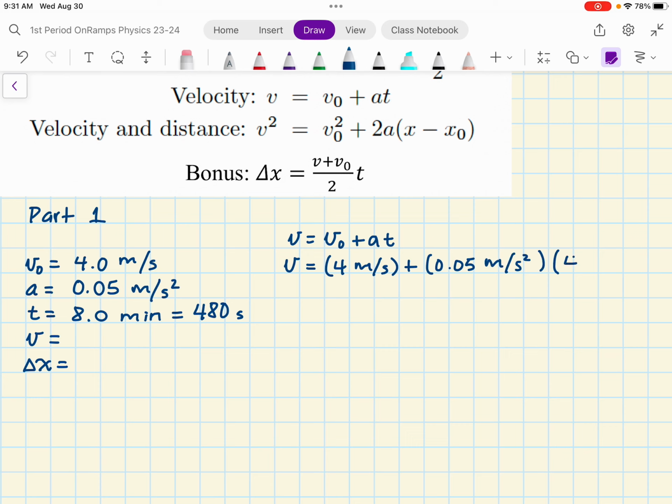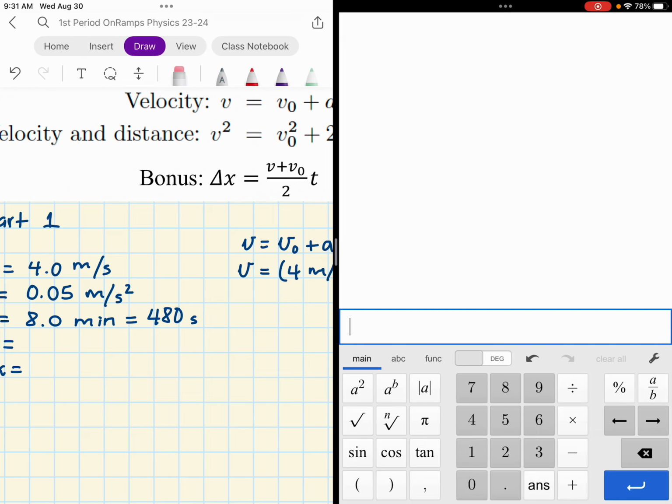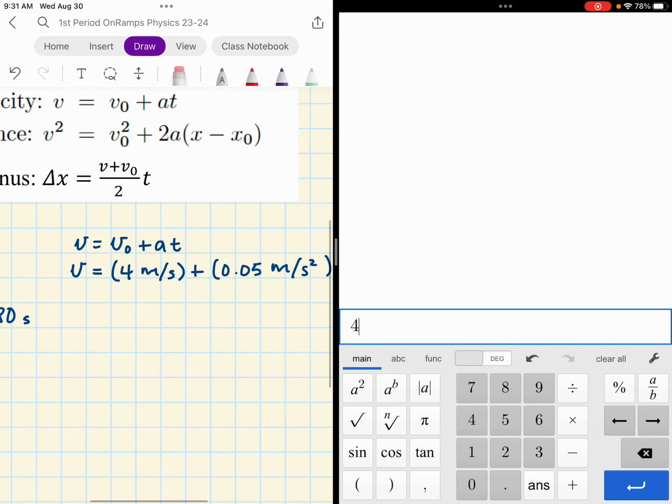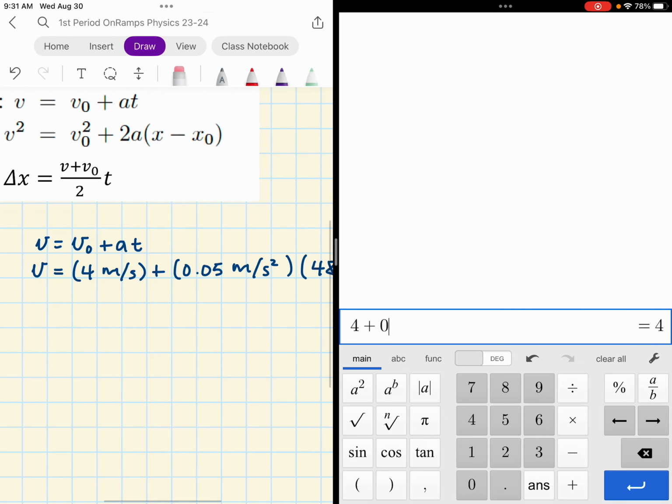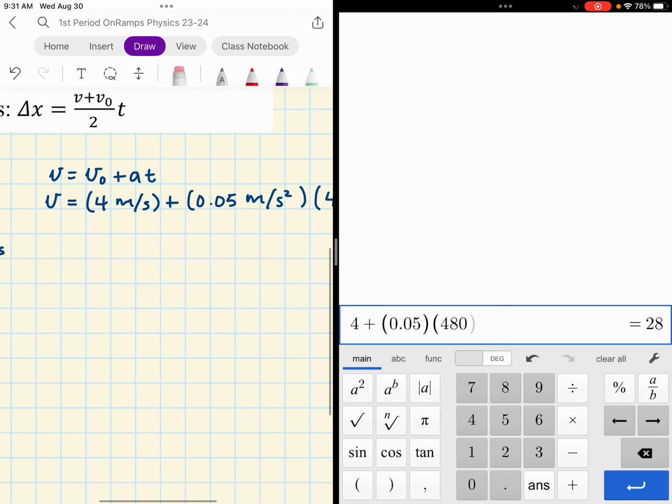And the time is 480 seconds. Let's use decimals. So that is 4 plus parentheses. Guys, your parentheses will be your best friends. Make sure you use them. So there you go, 28. So our final velocity is 28 meters per second.